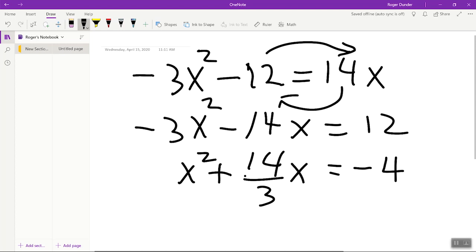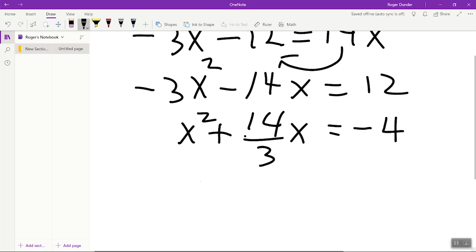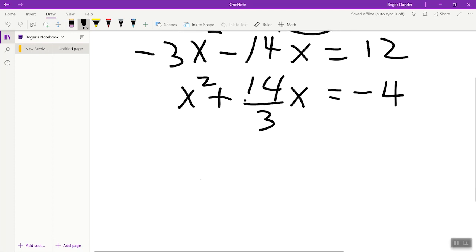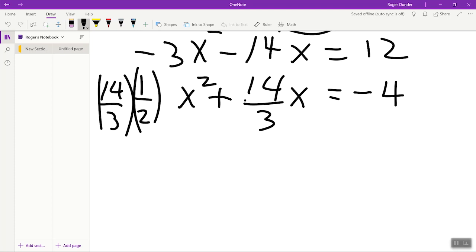Okay? Now, the square of half the coefficient of x. That's our next step. So ask yourself, what is half the coefficient of x? Well, it's 14 divided by 3 times 1 over 2. That's half the coefficient of x. So 14 over 3 divided by 2 is 14 over 6. And we have to square that.